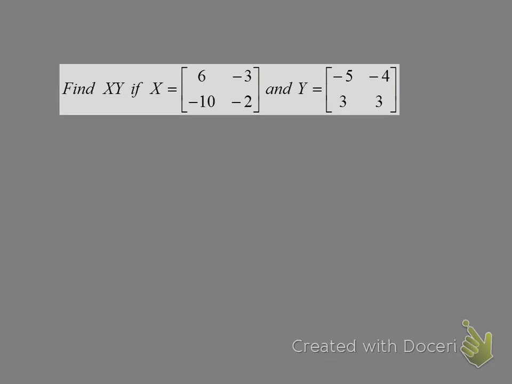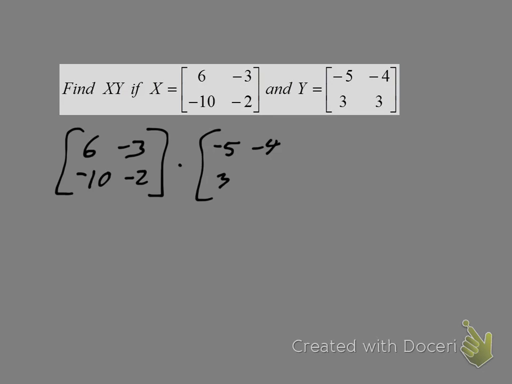Here's how this goes. I'm going to rewrite it so it looks like a multiplication. 6, negative 3, negative 10, negative 2, times negative 5, negative 4, 3, 3. Okay.